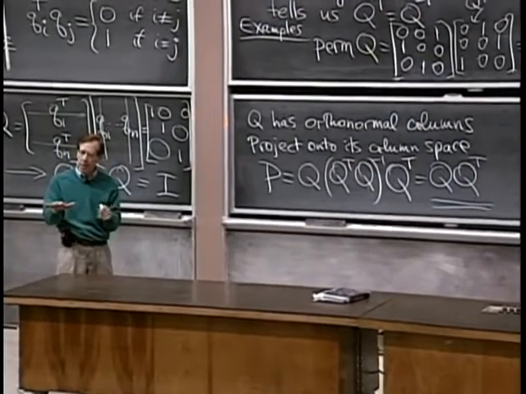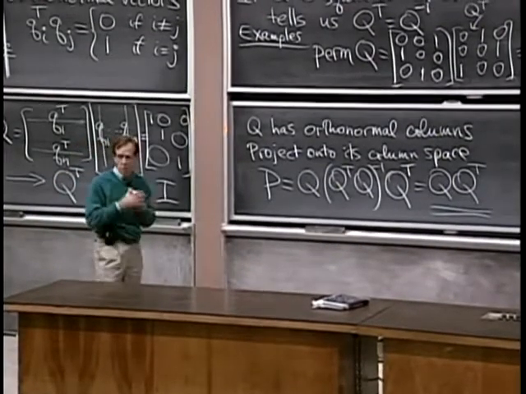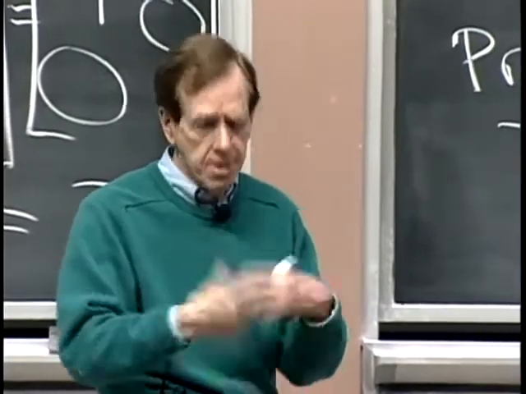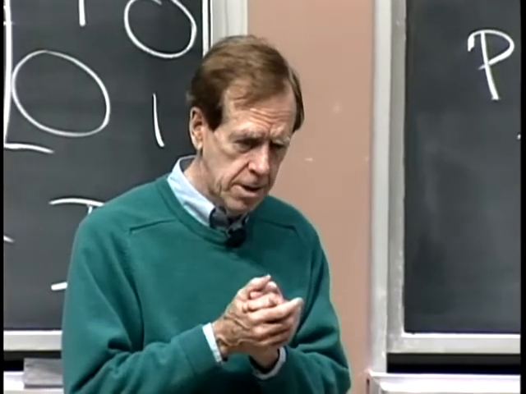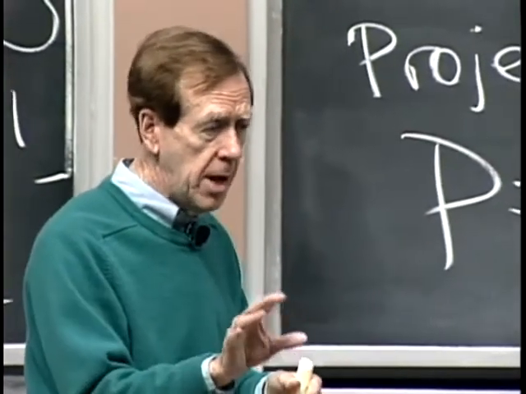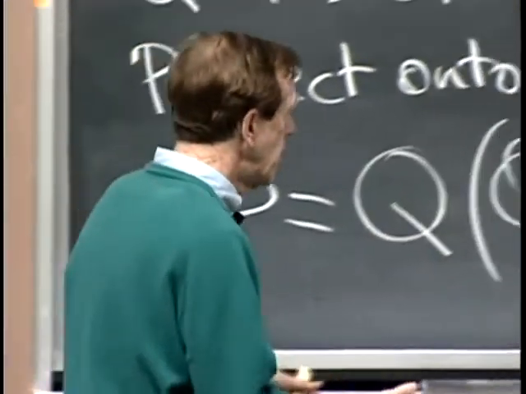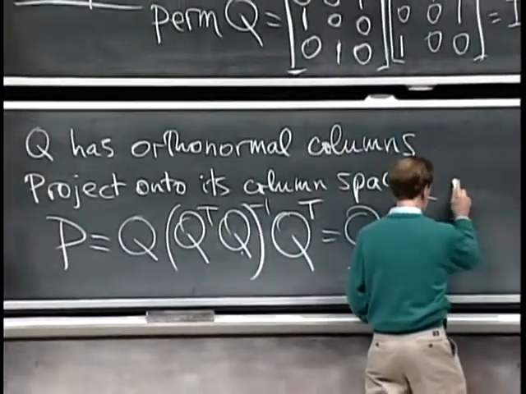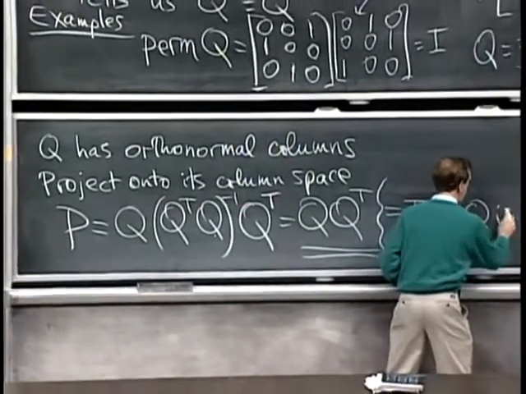If I have a square matrix, and I have independent columns, and even orthonormal columns, then the column space is the whole space, right? And what's the projection matrix onto the whole space? The identity matrix. If I'm projecting onto the whole space, every vector b is right where it's supposed to be, and I don't have to move it by a projection. So this will be I. This is, I'll put in parentheses, I if Q is square.